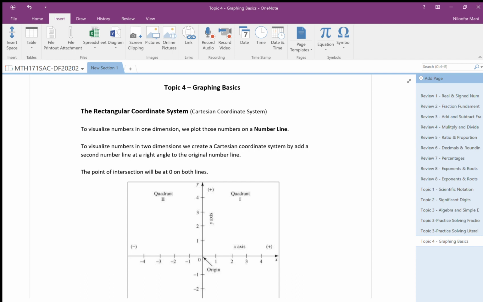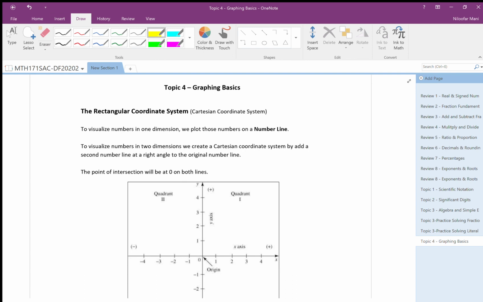When we wanted to visualize numbers in just one dimension, we used a number line. So we had just one line, the same as here, and we showed all the numbers on it. 0 was in the middle, 0 is the origin, and when we go to the right, it's positive.